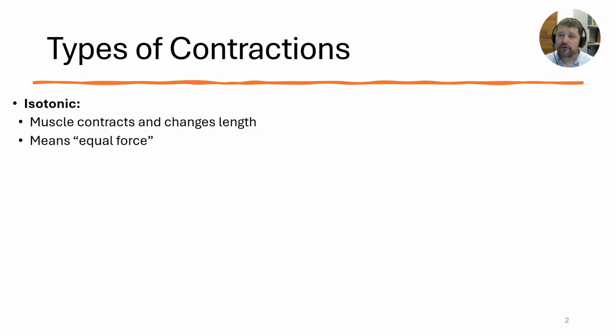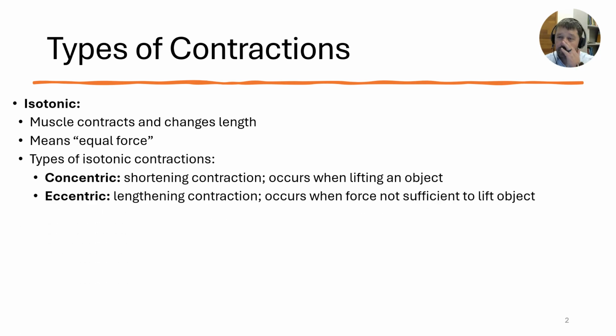That's the iso part. Iso means equal. There are two ways in which this can occur. You can have concentric reactions where the muscle is shortening, so the fibers get closer together, or at least the Z points get closer together, and that occurs when you actually pick an object up.